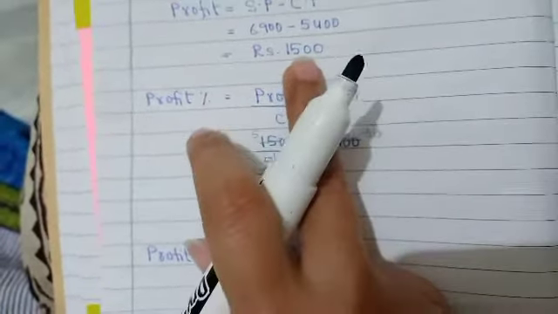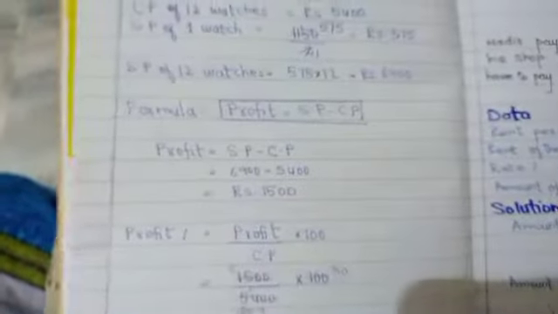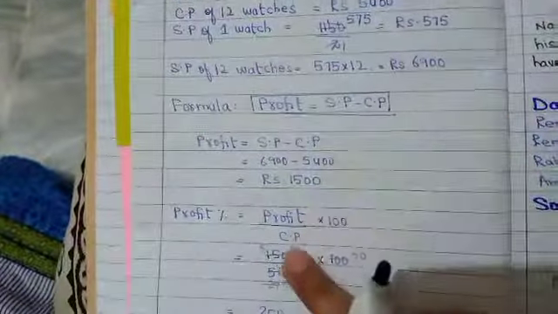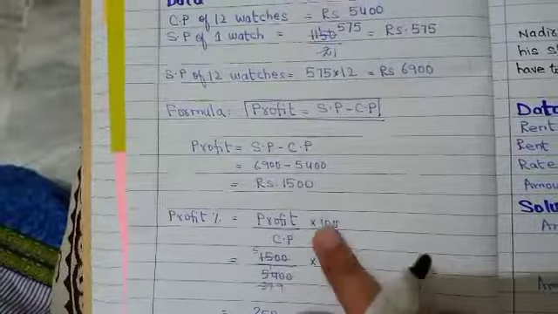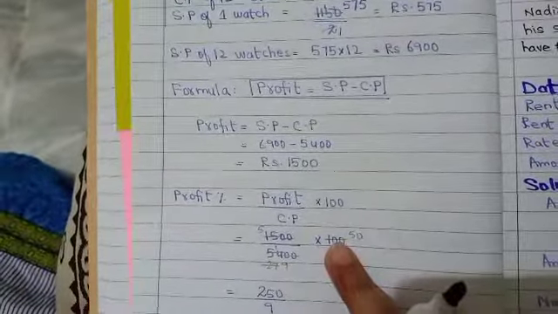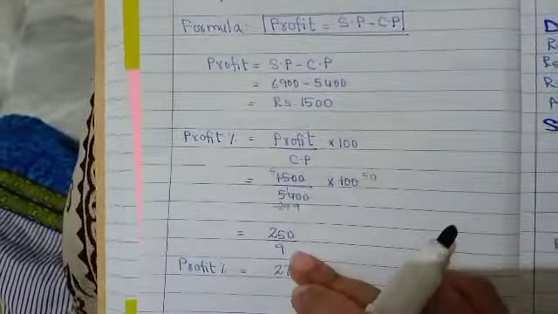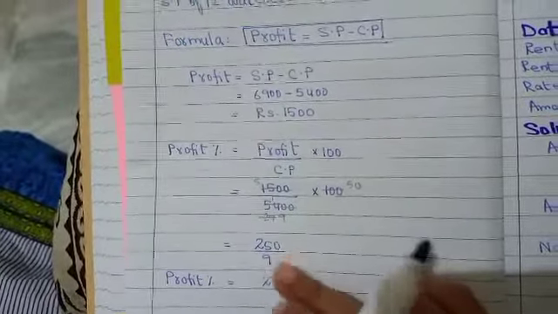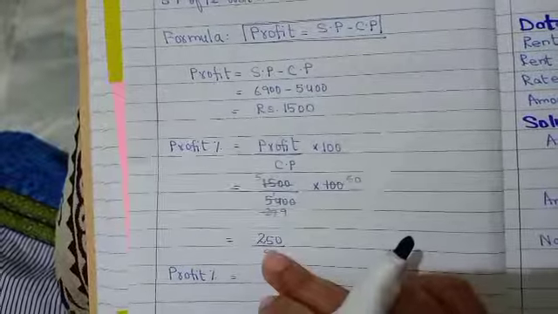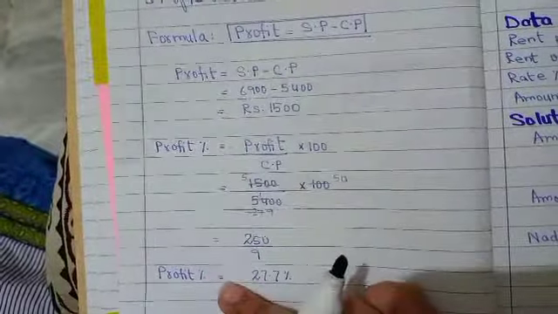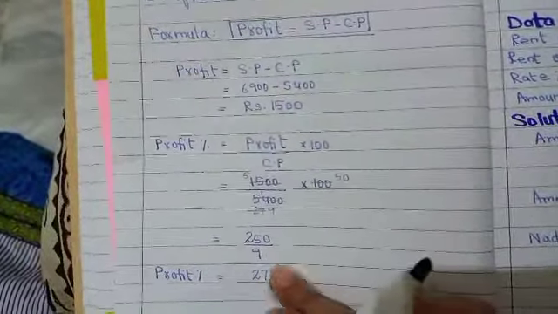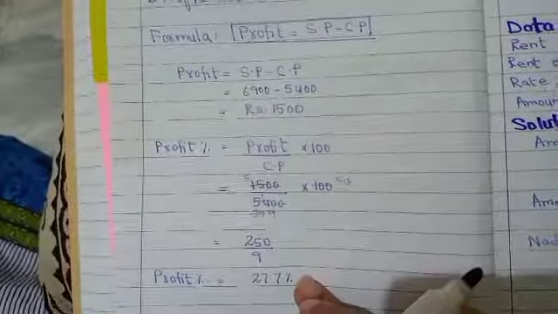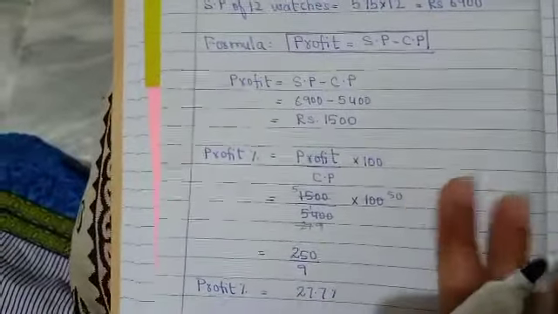How much is the profit? I calculated 1,500. Cost price is given in the question, which is 5,400. Multiplied by 100 is already given in the formula. You will do all the reduction and you will get the answer equal to 250 upon 9. And you will divide it in the rough column and you will get profit percentage is equal to 27.7%. Okay, so our A part is done.